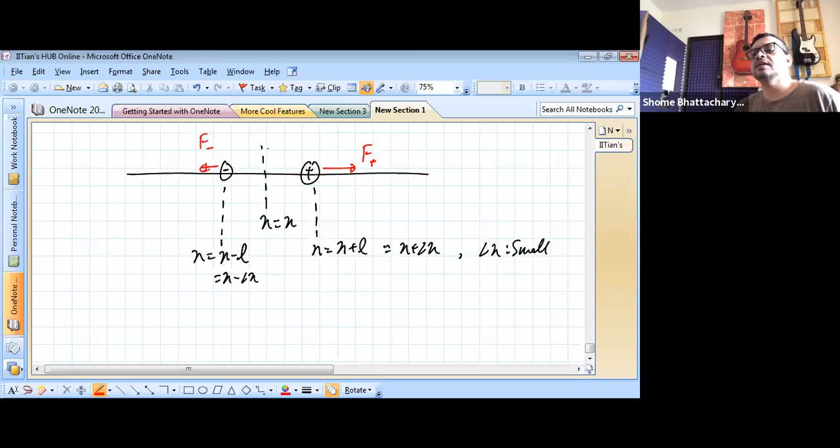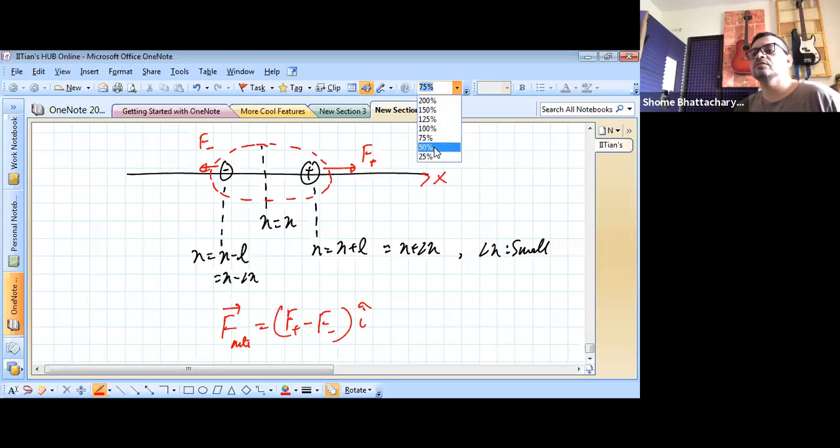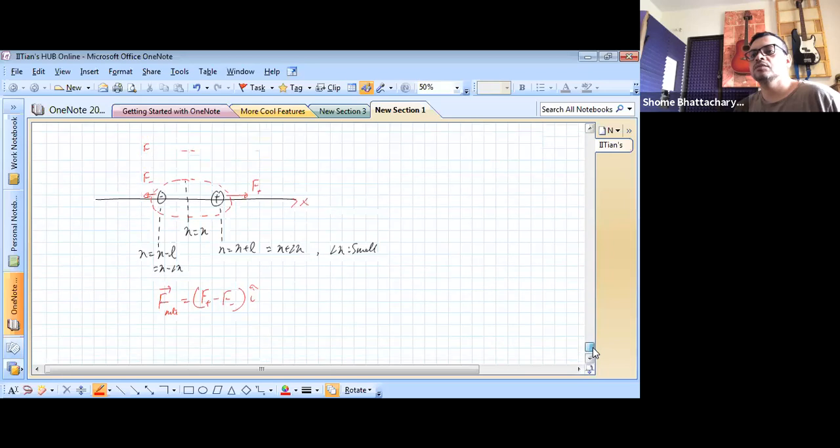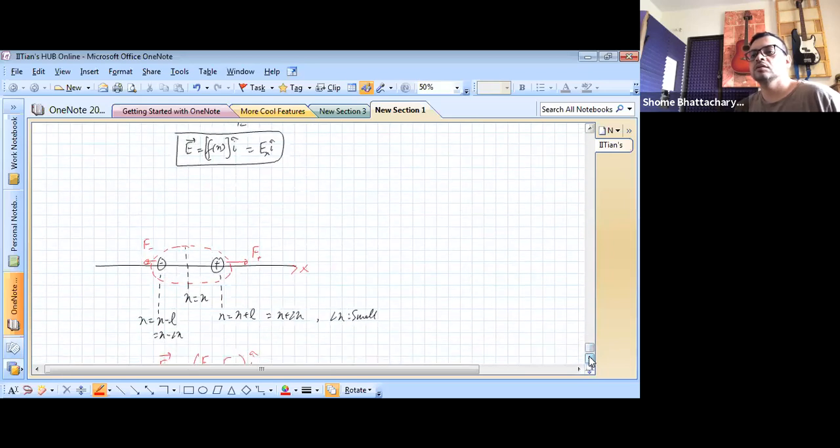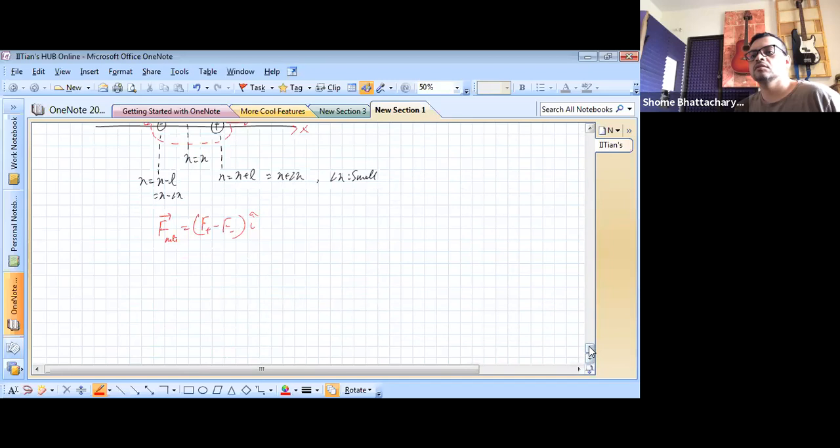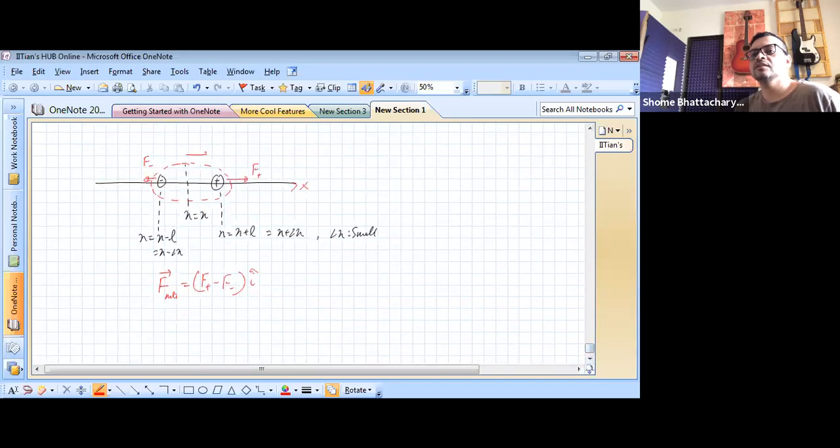So the net force that the dipole is experiencing will be the force on the positive charge minus the force on the negative charge along the x-axis. We're taking this as our x-axis. So this is the effective situation, because we have an electric field in this region, Ex, which is a function of x.